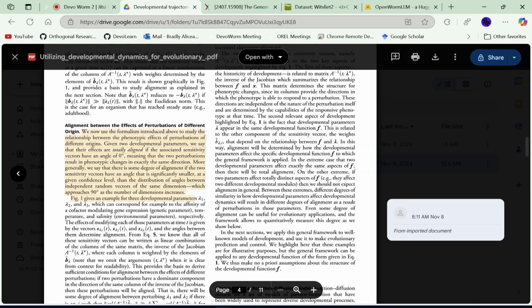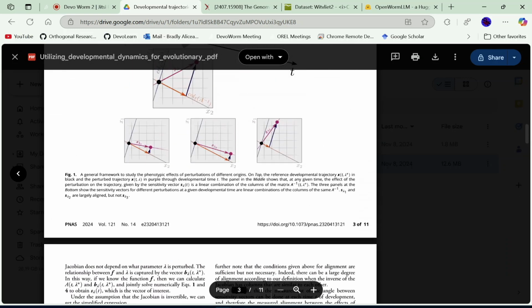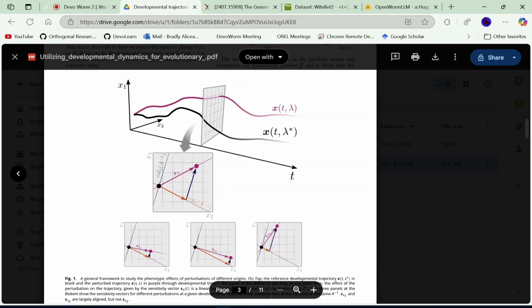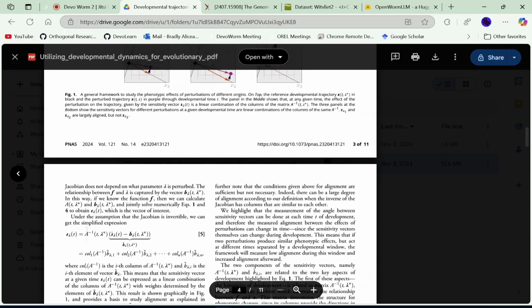Okay, now they talk explicitly about these inner product spaces and how they're doing this in the context of aligning the effects of perturbations of different origins. So we saw in the last image where we have these intersections of the reference and the perturbed developmental trajectory.